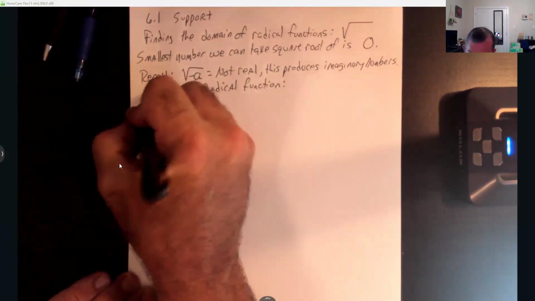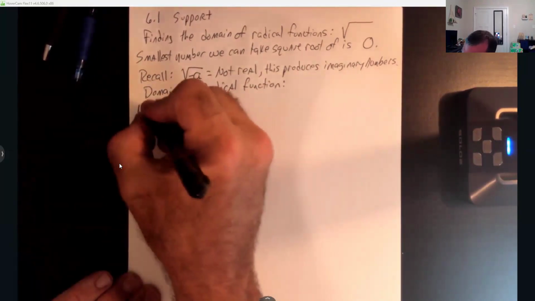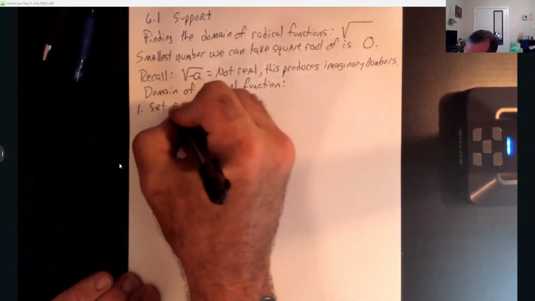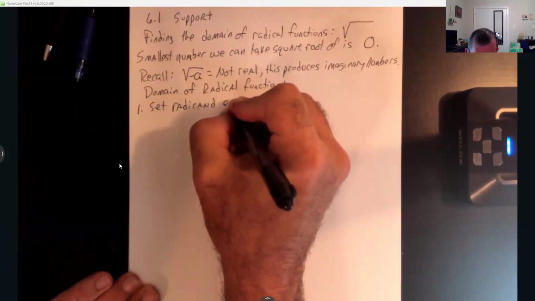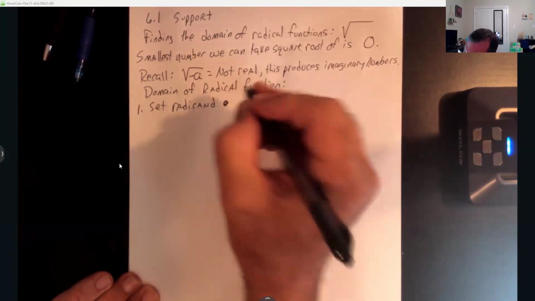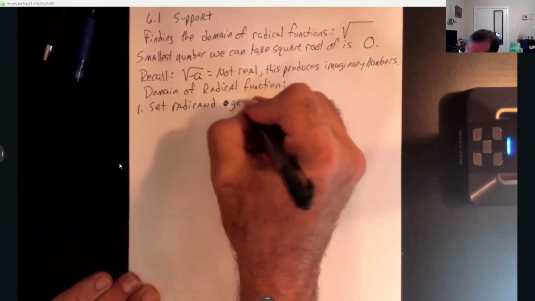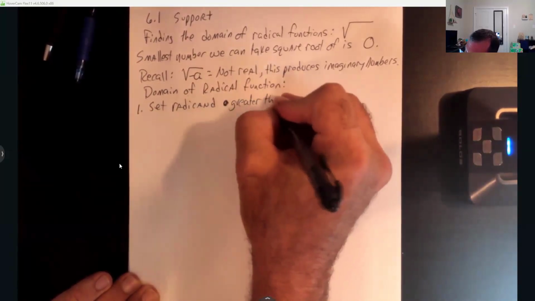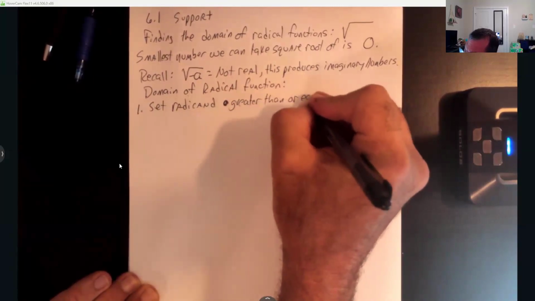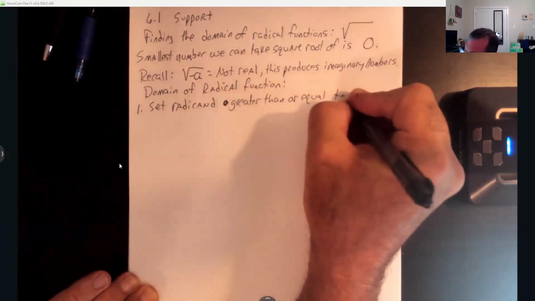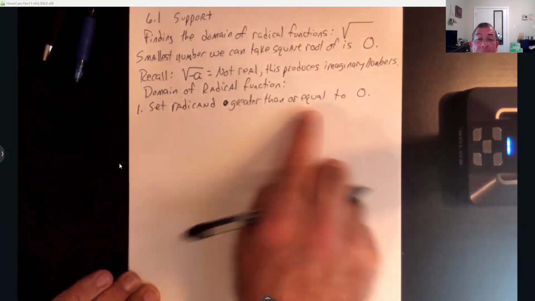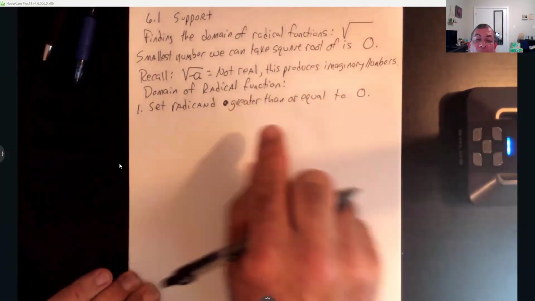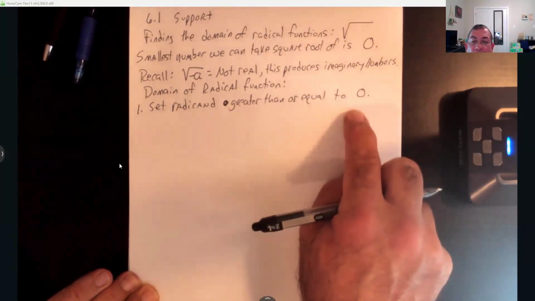the first thing I'm going to do is set the radicand greater than or equal to 0. Remember, it can equal 0, and then it can be any number greater than 0 because those are positive numbers.